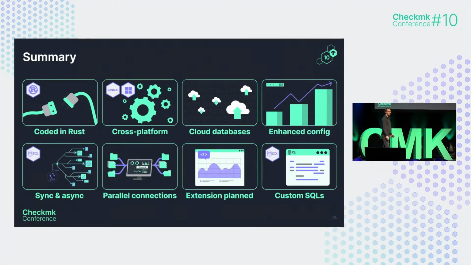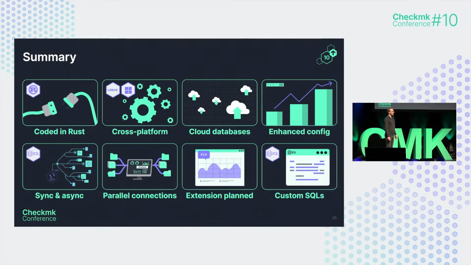This has been a lot of information in about 15 minutes. So let me summarize the changes in 2.3 for MS SQL. We not just migrated the existing plugin to an up-to-date language, but we wrote a completely new plugin maintaining a fully compatible output to the old one. The new plugin runs both on Windows and on Linux.